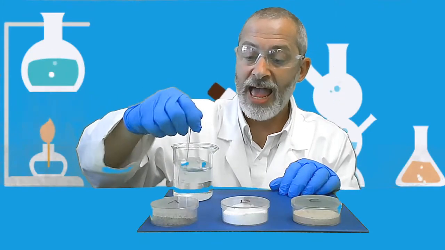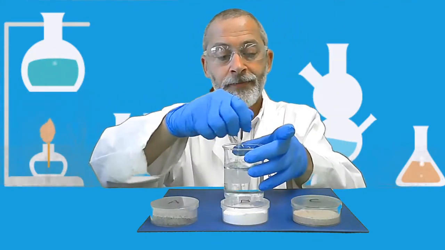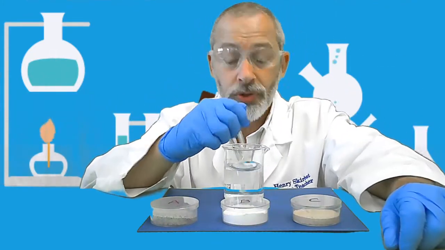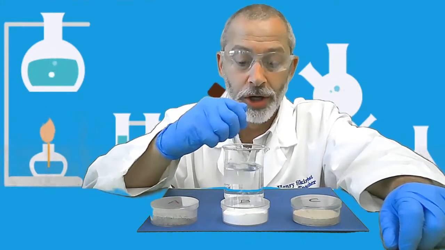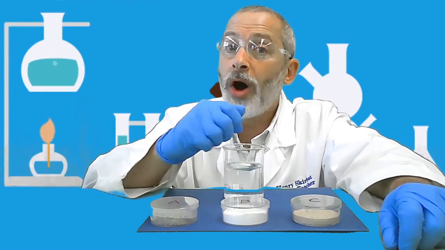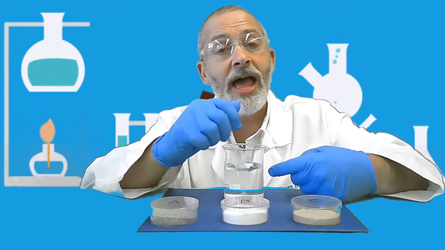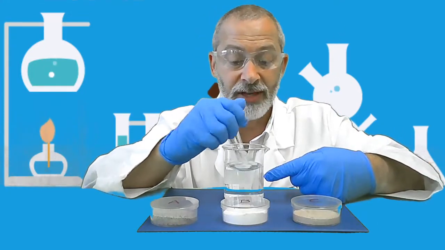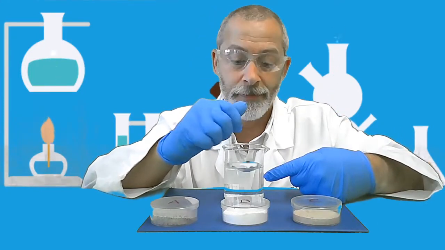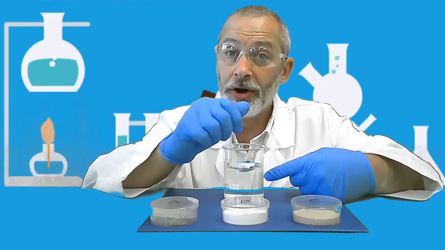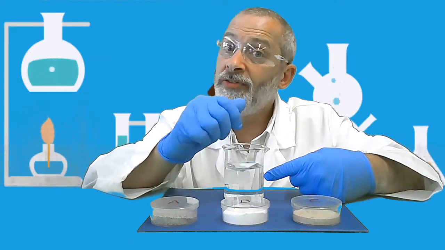And I'm going to agitate or stir this glucose, the sugar, into the warm water. So we now have 3 of the basic needs of living things in this beaker. We've got water, warmth, and food.